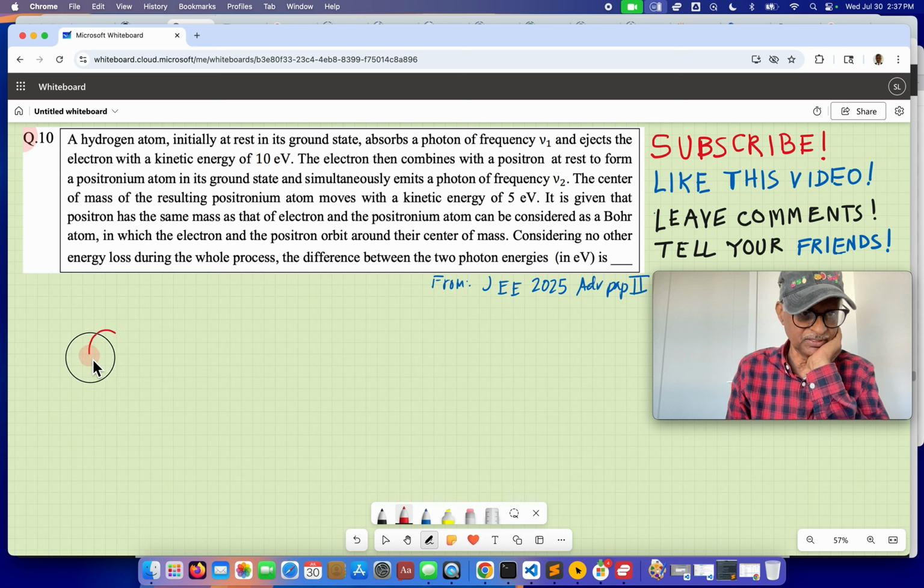So you have a hydrogen atom here. It's in the ground state and is at rest.